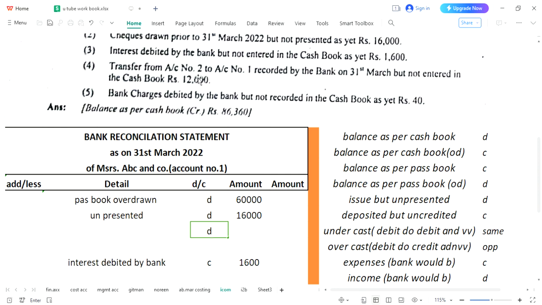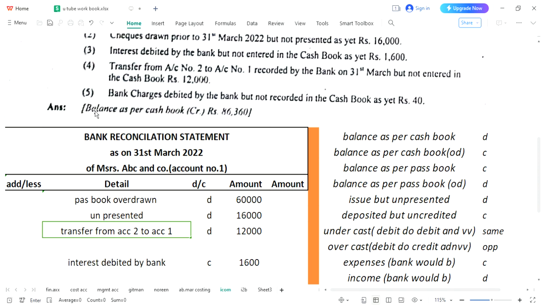The amount is 12,000. Just put 12,000 in the amount column and write down it is transfer from account 2 to account 1. You may write just deposited amount in account number 1.